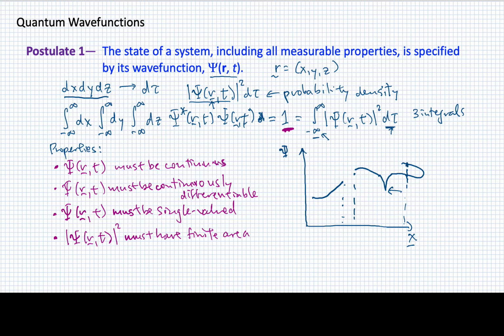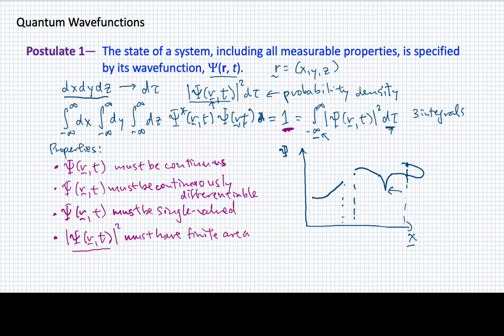But we can artificially make that area 1 by scaling the wave function. In other words, just by multiplying it by a constant. And we'll see how that works. We've already seen how that works with the particle in a box. But we can normalize the wave function so that its area actually is exactly 1. But the first and more important prerequisite is that the function that represents that wave is something that has a finite area so that we have the opportunity to scale it and make sure that it actually can behave as a probability density.